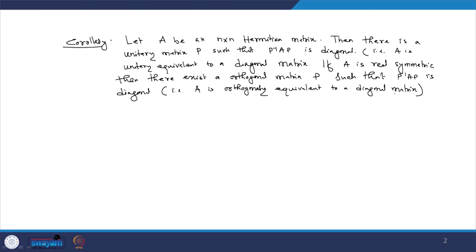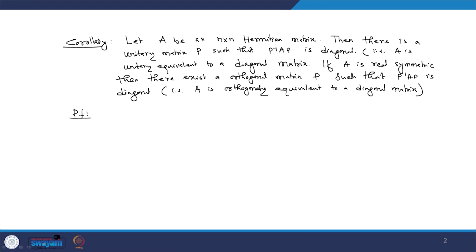So, let us prove these results, which come as a consequence of our previous theorem that for a self-adjoint operator defined over a finite dimensional inner product space, that space has an orthonormal basis consisting of eigenvectors of the self-adjoint operator. Okay.